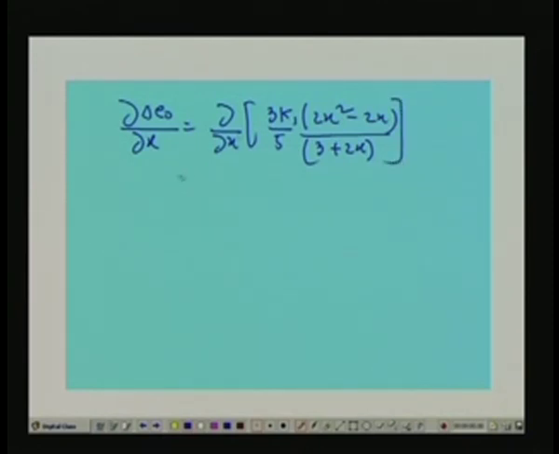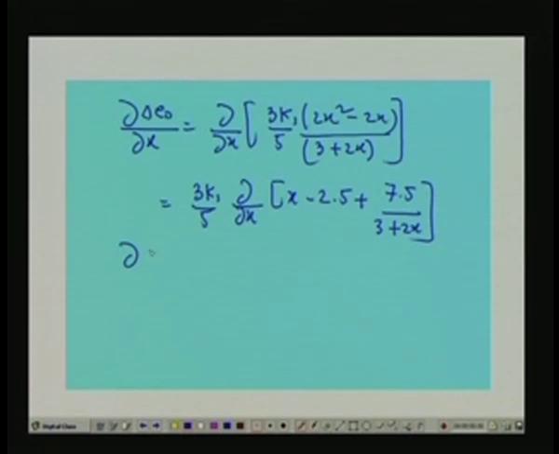This gives the value 3 k1 by 5 times del by del x of minus 2.5 plus 7.5 upon 3 plus 2x.